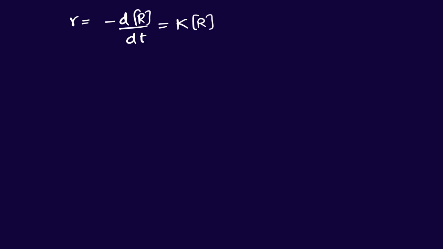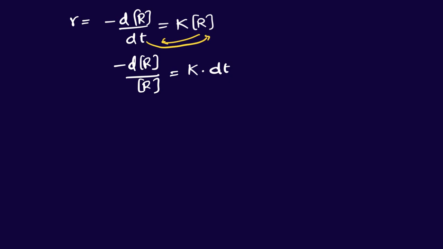If you write R without the 1 also, that is 1 we are considering. Now separate the terms: minus dR by R is equal to K into dt. Now this R comes here, this dt comes here.